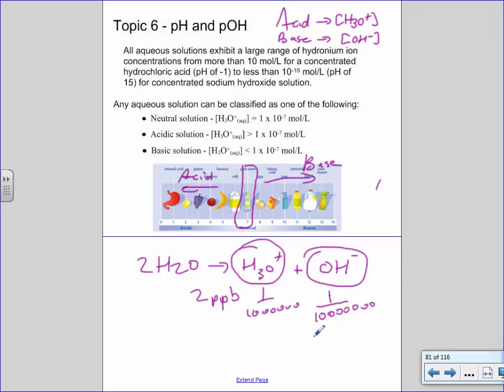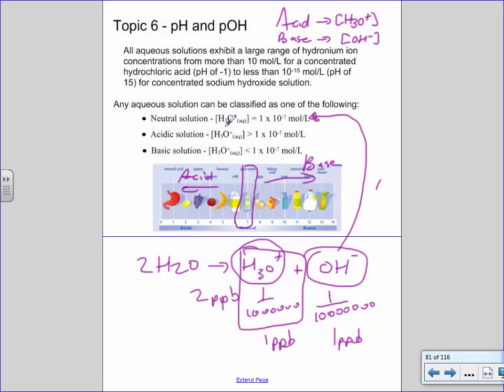Well, it means then that even though you believe water should be neutral, water actually has some acid molecules in it. It also has an equal number of base molecules in it. That makes sense? And based on that logic, one part per billion of this, and one part per billion of this, actually correlates to that concentration right there. So even though you'd think that water should not have acid in it, it actually does.